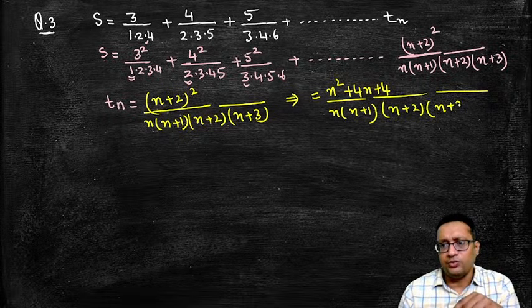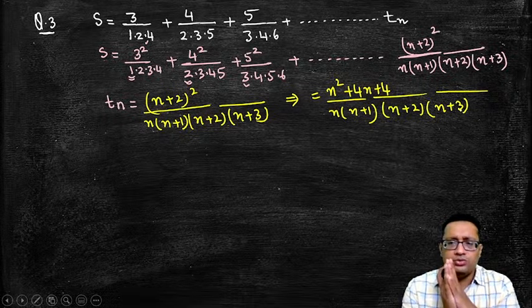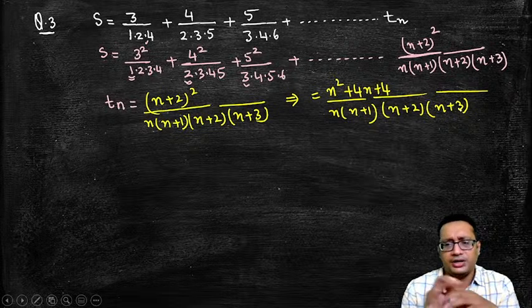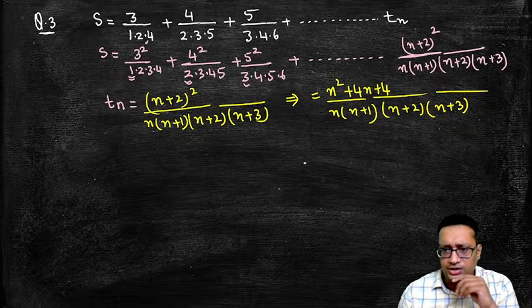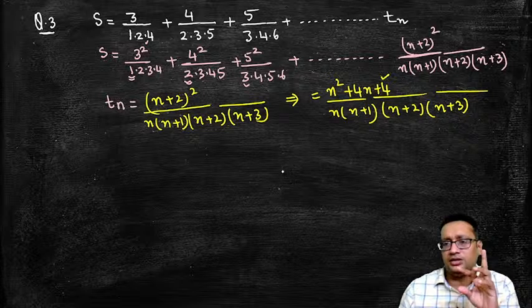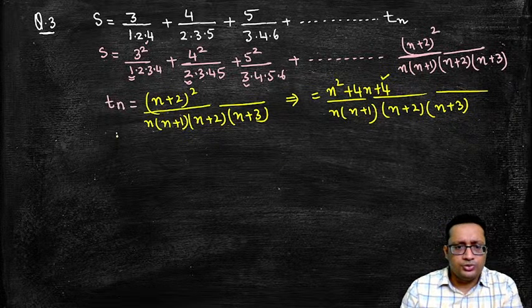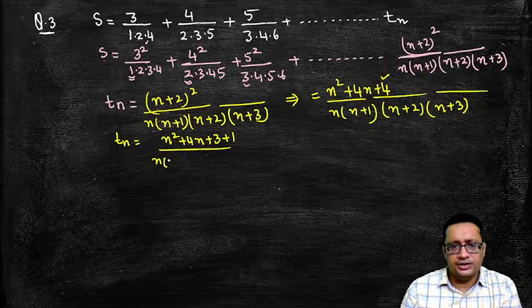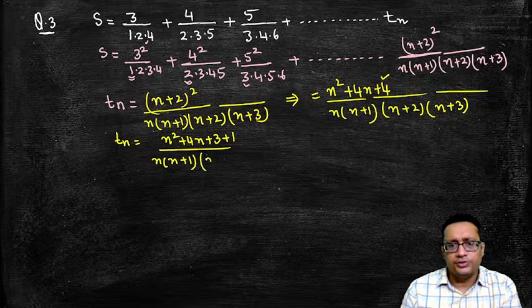Again, remember, you want to break it into a difference of two terms, but here you are not able to get it. So see here, I am writing this 4 as 3 plus 1. So I am writing Tn as n square plus 4n plus 3 plus 1, divided by n(n+1)(n+2)(n+3).